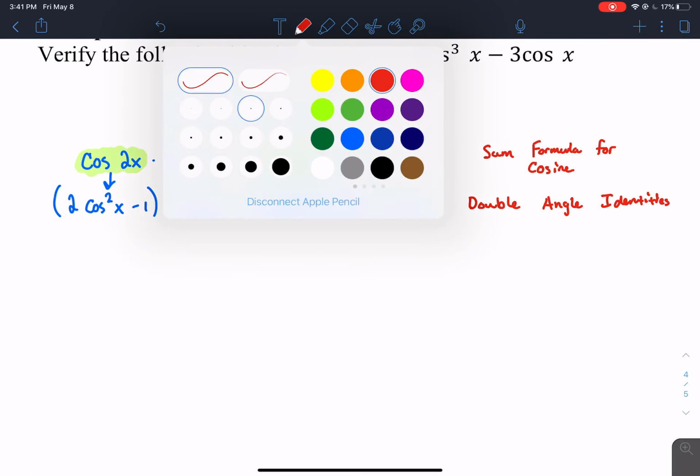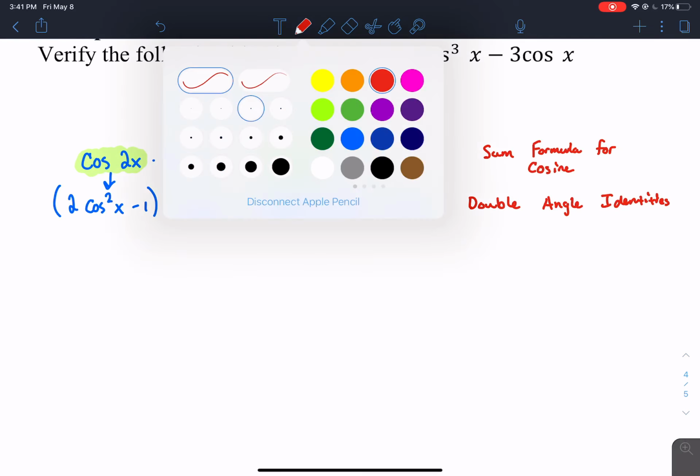So cosine times 2 cosine squared, and then cosine times negative 1, and then distribute the sine also to that term there. So you got now 2 cosine cubed of x minus cosine of x, okay, minus 2 sine squared of x cosine of x, right?